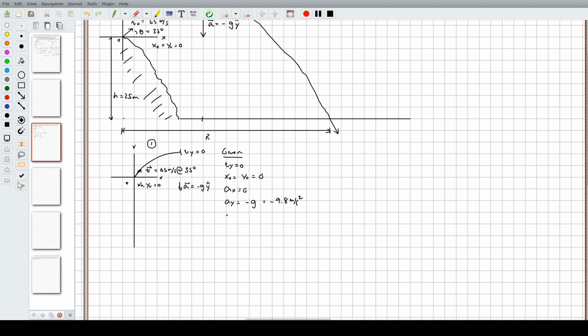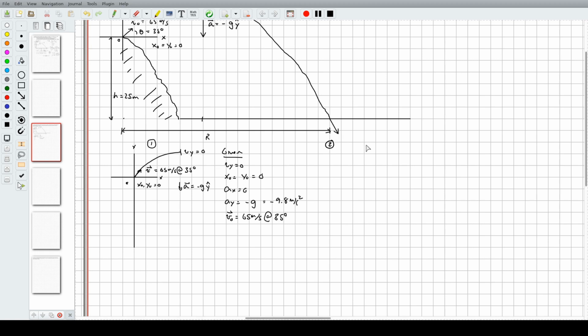We have a velocity, initially, of 65 meters per second, making an angle of 35 degrees with respect to the x-axis. Now, we're going to have to break that up into pieces, but we'll get to that here in a moment.